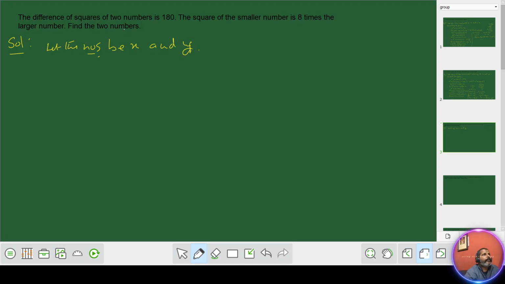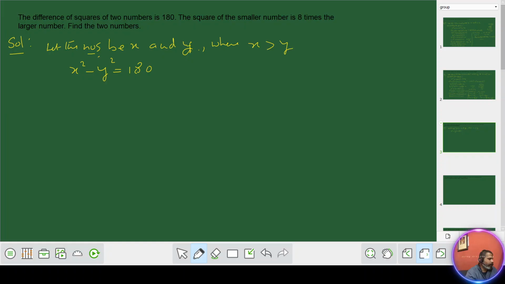Difference of squares of two numbers they gave, that is x square minus y square is 180. Now here we can assume which is the greater number, x or y. Let the numbers be x and y, where x greater than y.